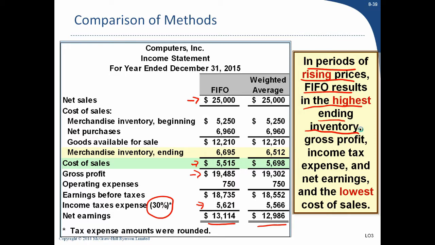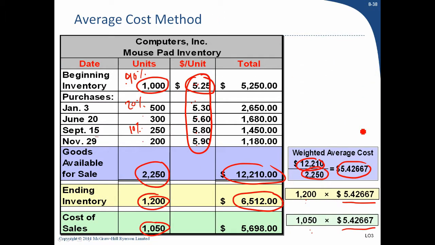Okay. So if we go back here, if copper prices were rising, which in this case they are, going from 525 to 530, 60, 80, 90, because of how we account for ending inventory, the highest costs are sitting in the ending inventory. And our cost of sales represents the stuff we bought cheaper at the beginning of the year, right?